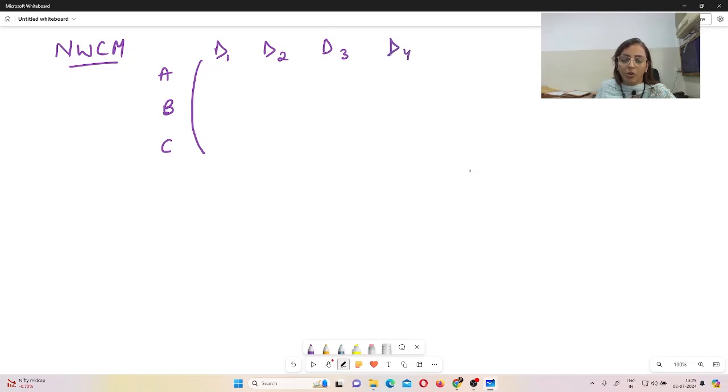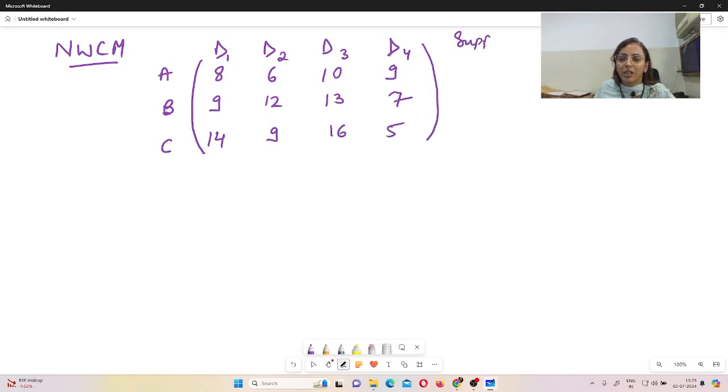Write down the cost matrix. Over here it is 8, 6, 10, 9. Over here it is 9, 12, 13, and 7. Over here in the C row it is 14, 9, 16, and 5. And the supply is given to you, another name for supply is capacity.